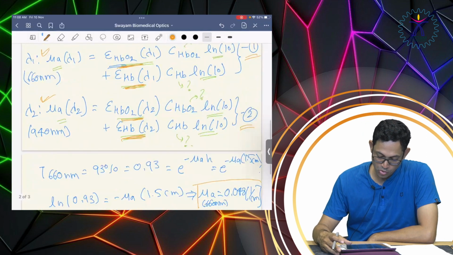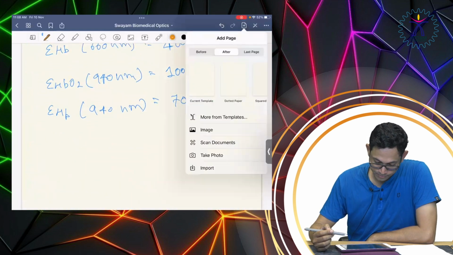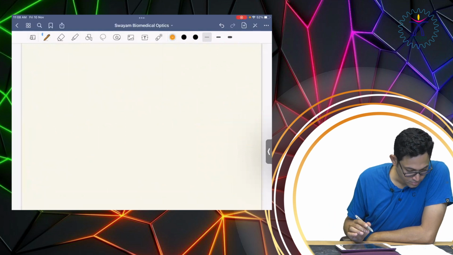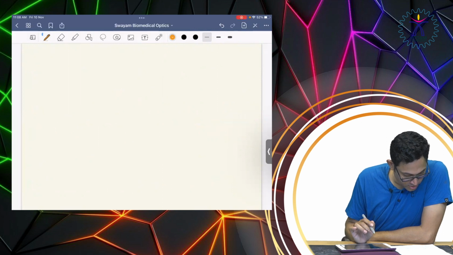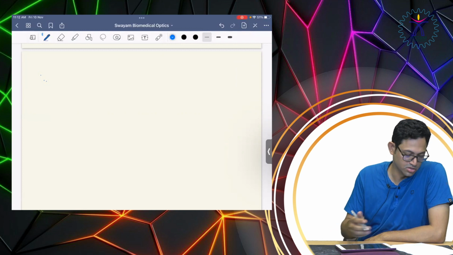So let us put this into equations 1 and 2 and find out the values of the concentration of oxygenated and deoxygenated hemoglobin.